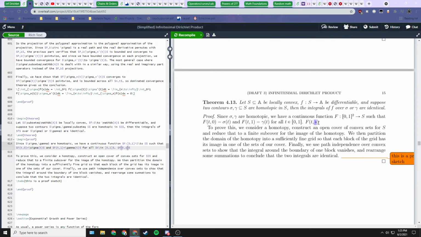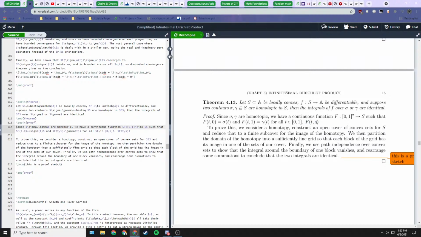But for each value of s, f as a function of t will just be a curve, some path. So this is how homotopy captures the idea of continuously deforming a loop.